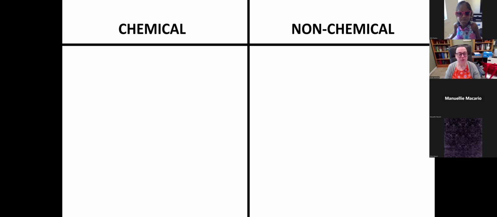So I'm seeing a lot of responses like, well, if it's made of stuff that's a chemical, if it's made of elements, made of atoms, it's chemical. All right. So do we want to rethink our answer to a blueberry? Is a blueberry chemical or non-chemical? It is definitely chemical, right?